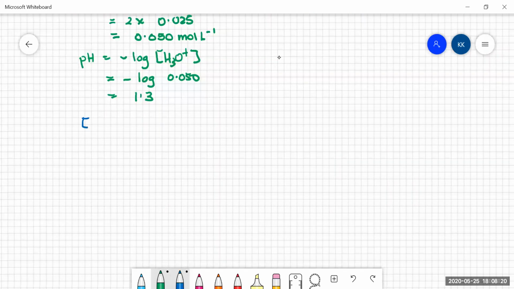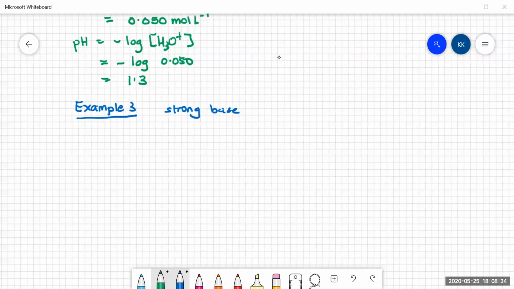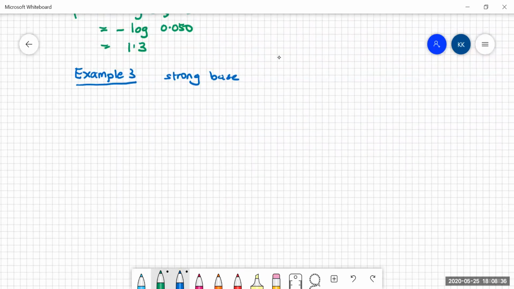All right, example 3 brings us on to how do we do the pH of bases. So we're going to do a strong base here. And for a strong base, we're looking not at the concentration of H3O plus out of the dissociation of the base, but the concentration of OH minus.